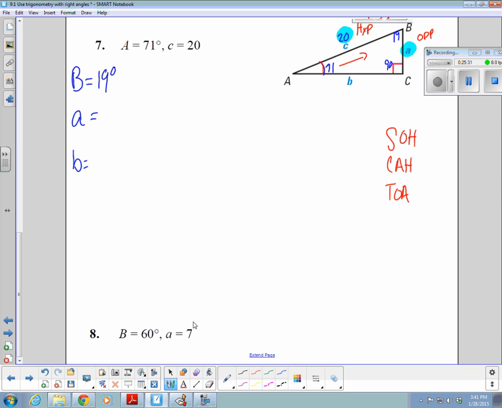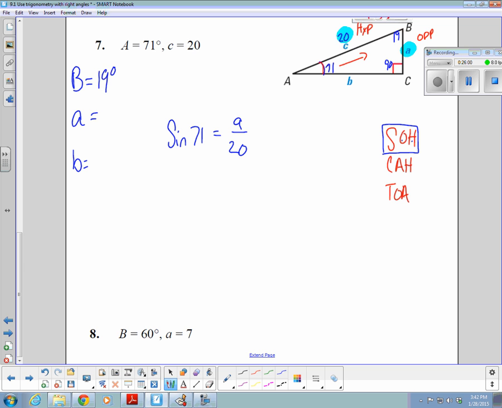Think about it, because you have a hypotenuse and you have the opposite, so you're going to use sine. So sine of our angle, which is 71 degrees, is equal to the opposite, which is A, because I don't know it, over the hypotenuse, which is 20.